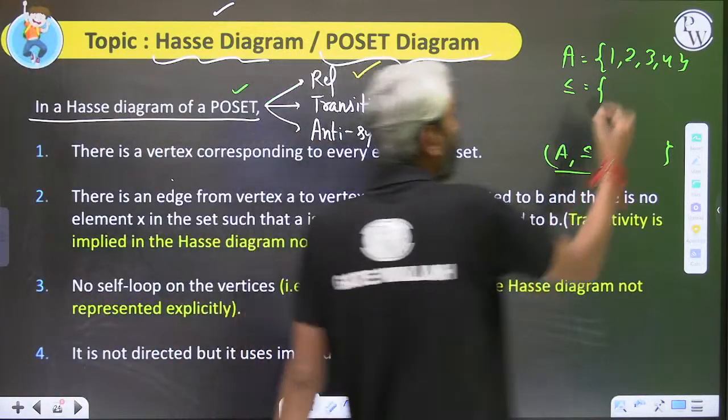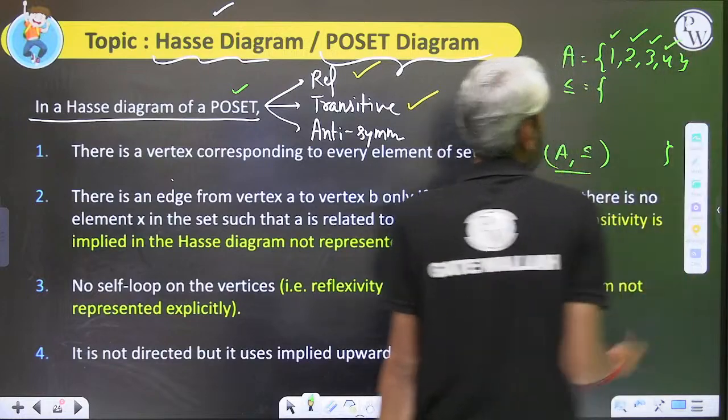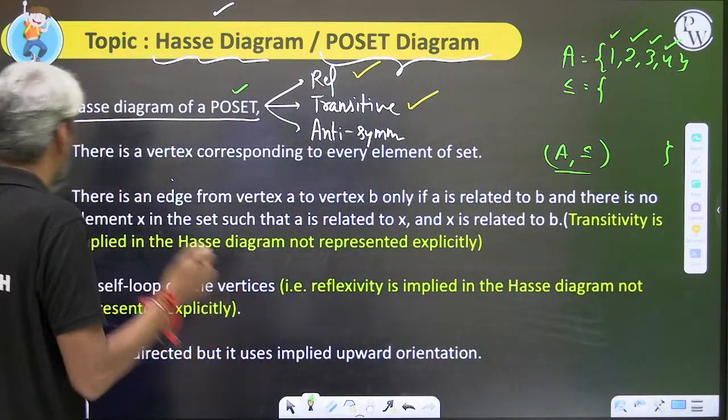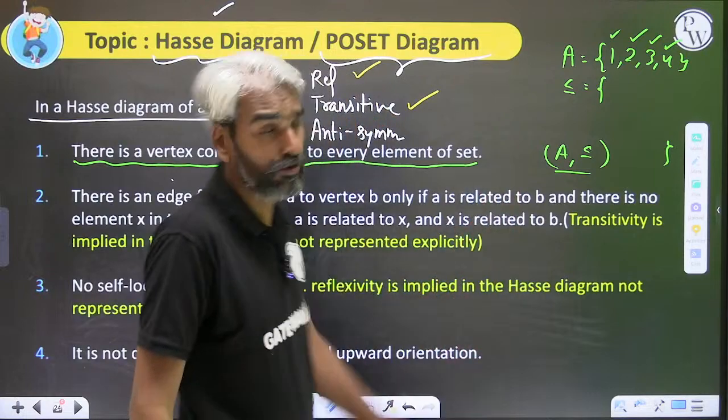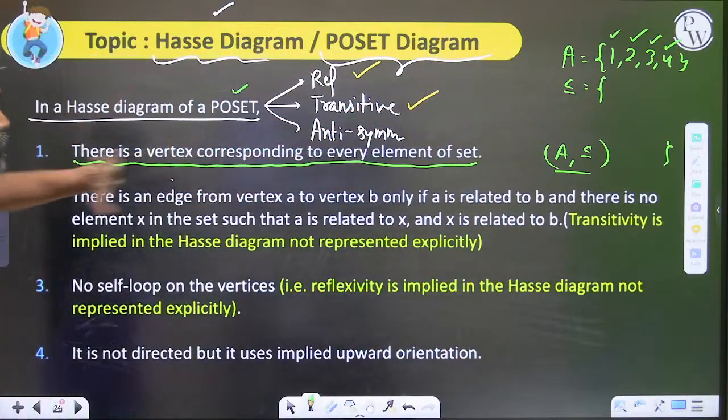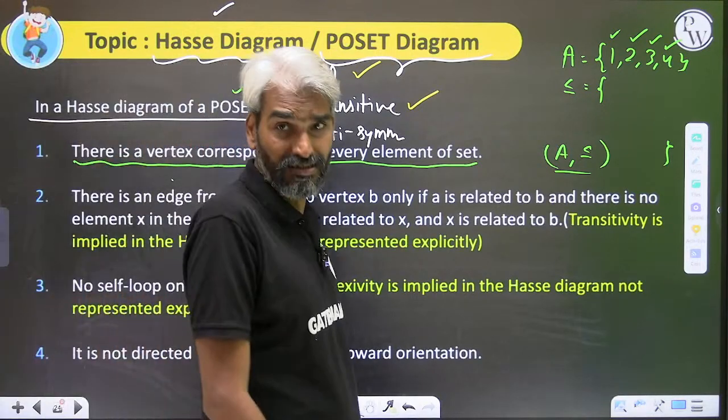Now, for all the elements of the set, there will be a vertex in the Hasse diagram. So, there is a vertex corresponding to every element of the set. So, nothing but a Hasse diagram will have a collection of vertices and edges.